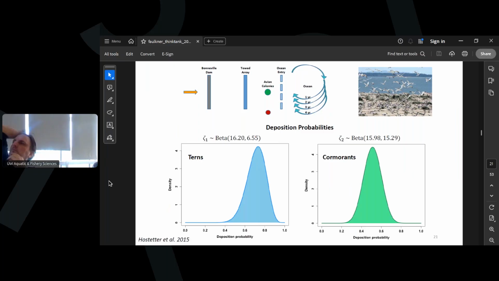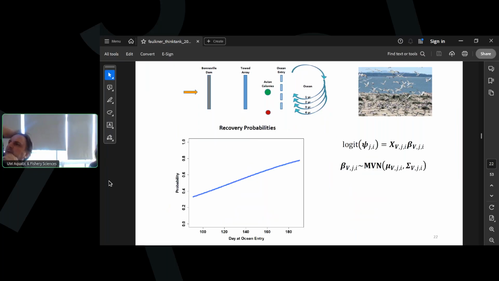Okay. And then, as I mentioned, this recovery probability is, given that the tag is on the island, what's the probability that your equipment is going to detect it? And this is through time. So they have ocean entry, and the longer that tag's been sitting on the island, the more likely the wind's going to blow it, or it's going to get covered up with dirt or whatever.